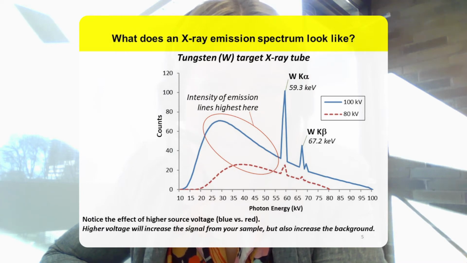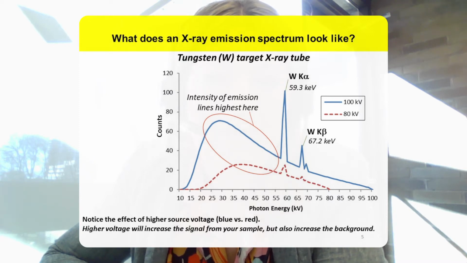So elements having emission lines just to the left of tungsten's emission lines and at the height of the Bremsstrahlung will emit X-rays with higher efficiency than those further to the left or further to the right.